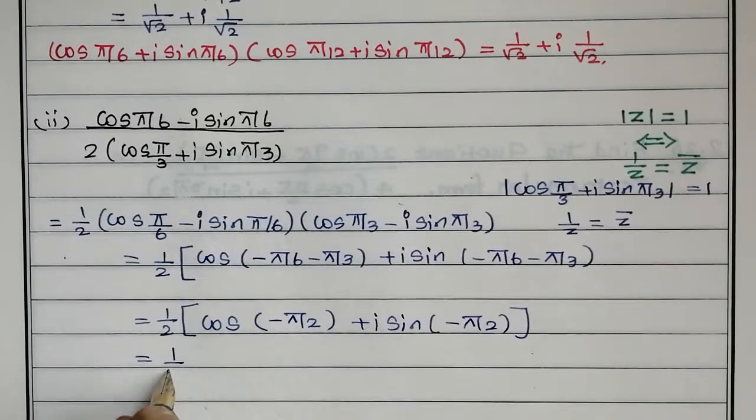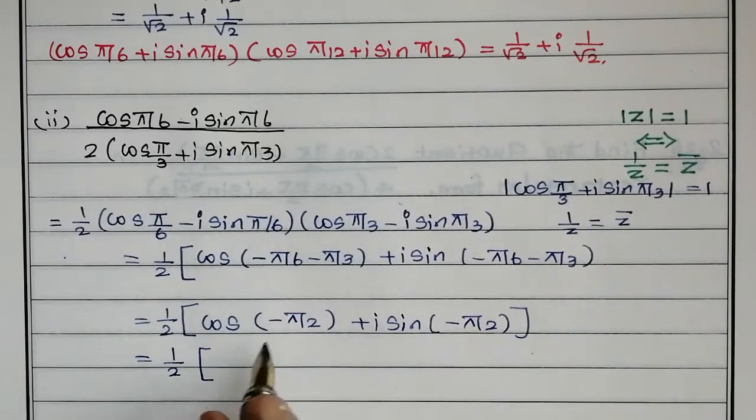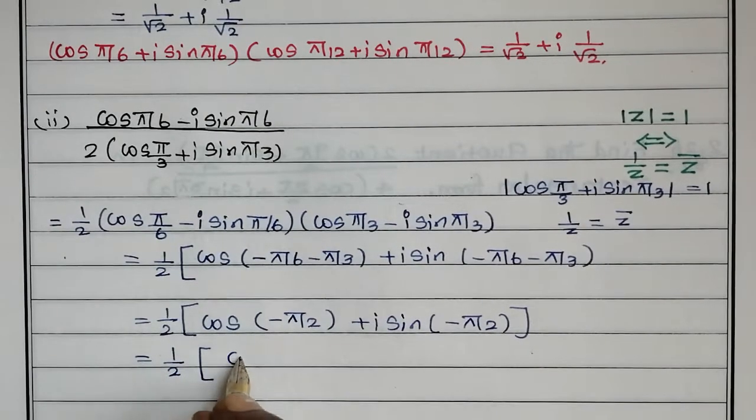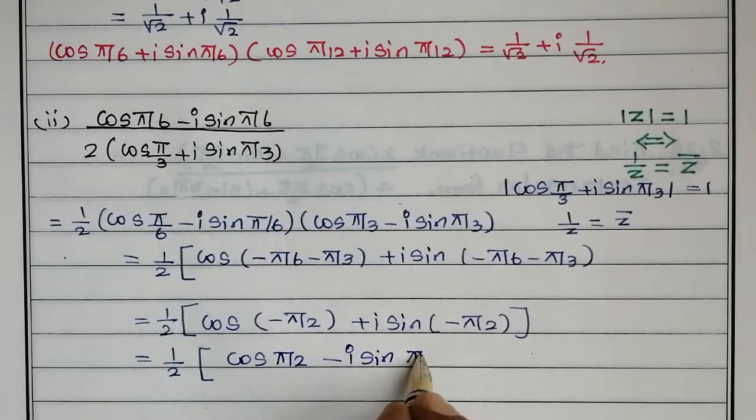This is equal to 1 by 2 into, since cos of minus theta is cos theta and sin of minus theta is minus sin theta, cos pi by 2 minus I sin pi by 2.